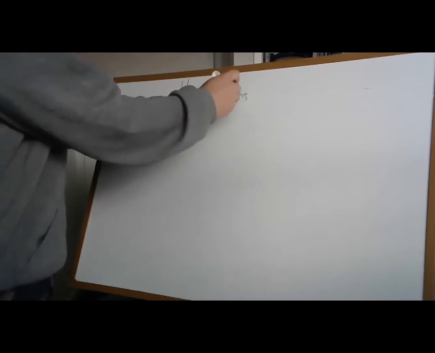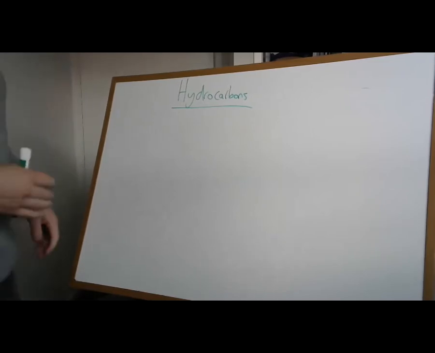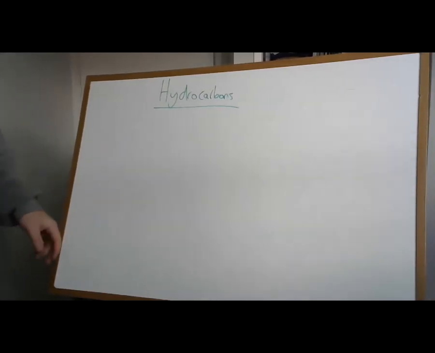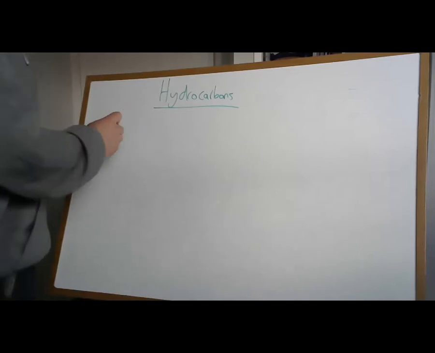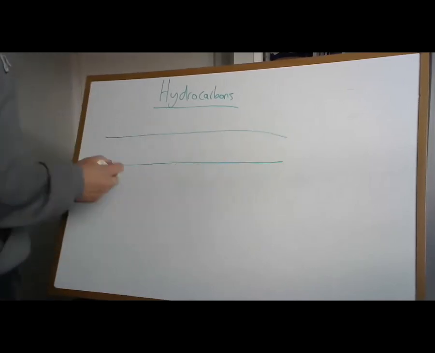So when we're talking about hydrocarbons, the longer the backbone, the less soluble they become. Hydrocarbon, the longer they are, and the same thing with boiling point and melting point.